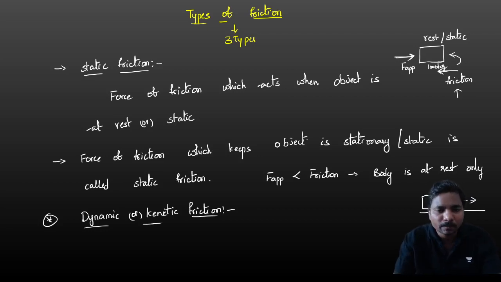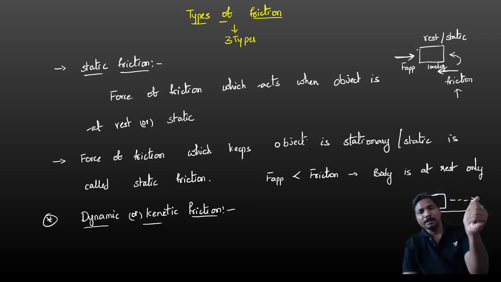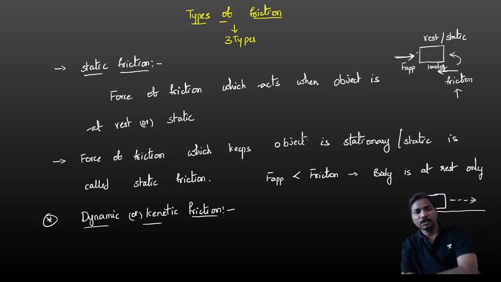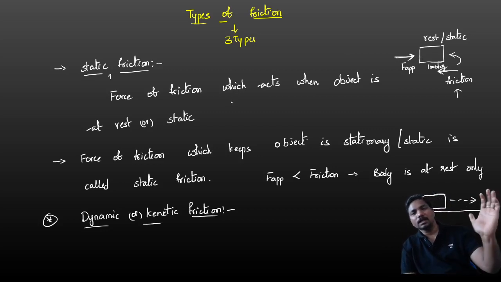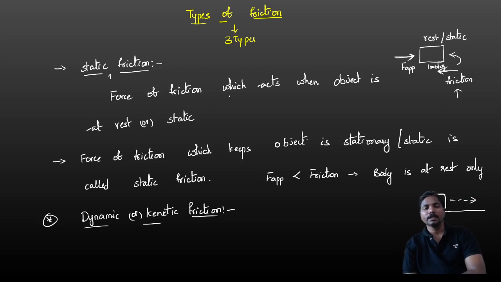That friction is nothing but kinetic friction. For example, consider a 50 kg luggage bag. At the time of starting, if you want to move it, the force of friction is static friction. And whenever that luggage bag starts moving, the friction acting on it is kinetic friction or dynamic friction.